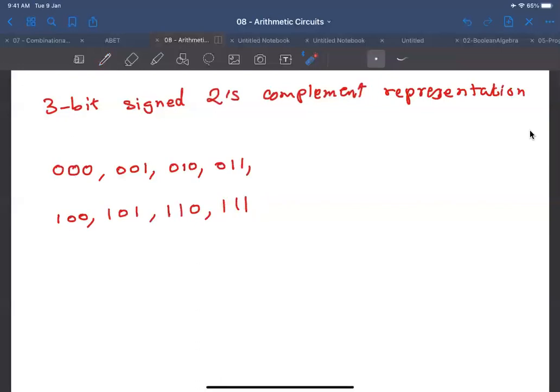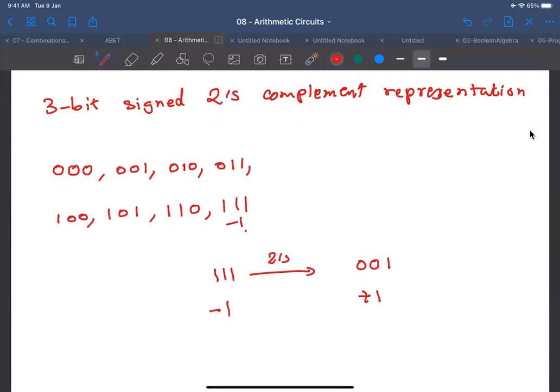The first way is to change it to its positive counterpart. So 111, we have to find its 2's complement, right? 2's complement is going to be 100. So its positive counterpart is +1. So this must be -1.